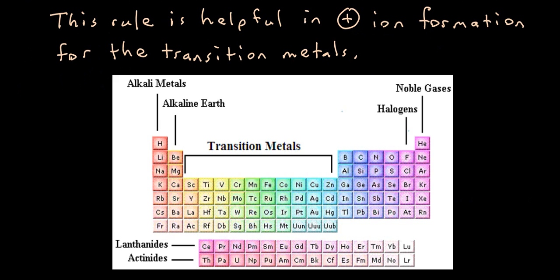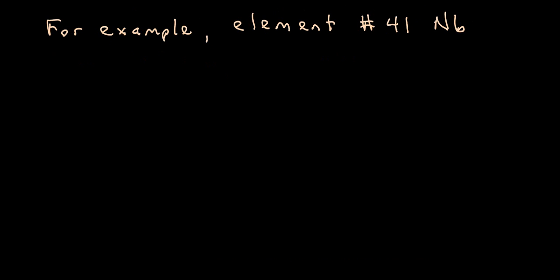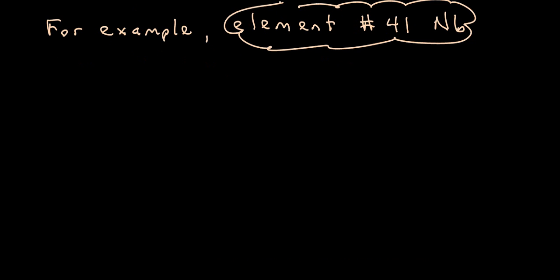This rule for removal of electrons is of particular use when looking at the positive ion formation for the transition metals, which is in the center of the periodic table, this region, where we first encounter the d sublevel. For example, let's take a look at element number 41, niobium, which is an example of a transition metal when it goes through the formation of a positive ion.